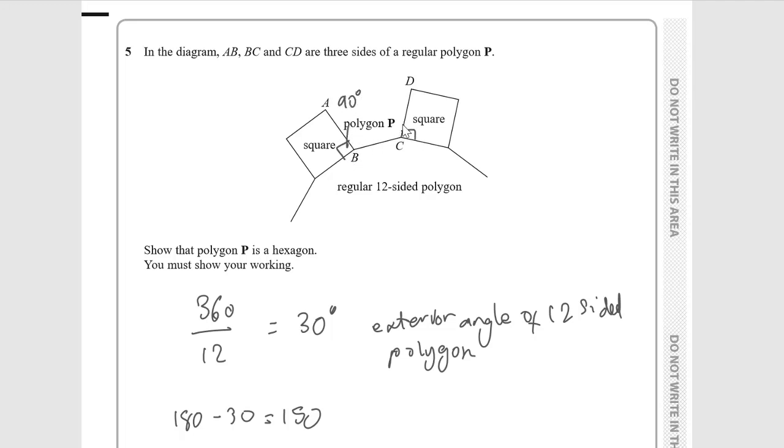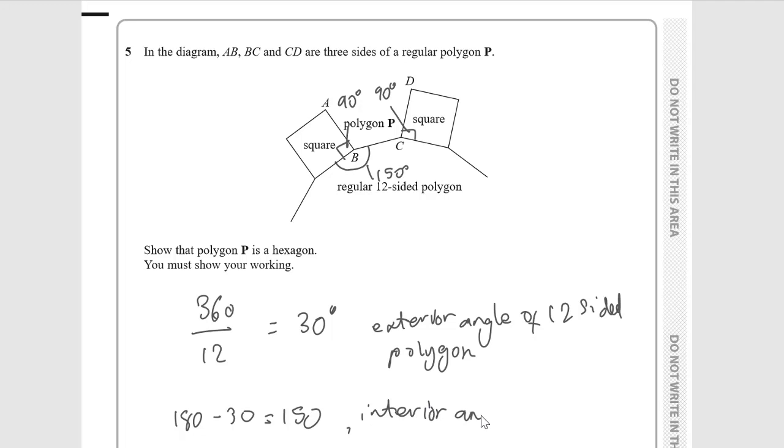Okay, and we know that the exterior angle of a 12-sided polygon is going to be 30. We know that the interior angle is going to be 150. So that's going to be 150.